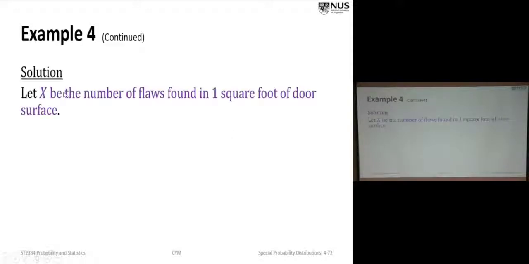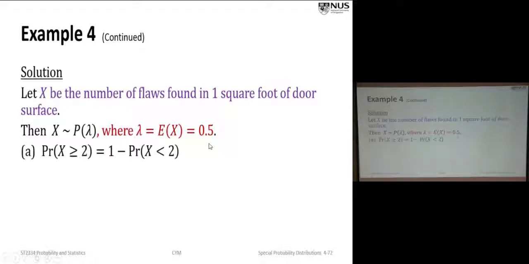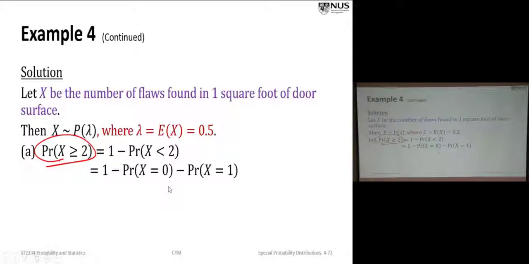All right, so let X be the number of faults found in 1 square foot of the door surface. So X follows a Poisson distribution with the average equal to 0.5. To send for repair, we need the probability of X greater or equal to 2. If the number of faults is greater or equal to 2, then we have to send for rework, which is equal to 1 minus the probability X less than 2, so it's equal to 0.09.